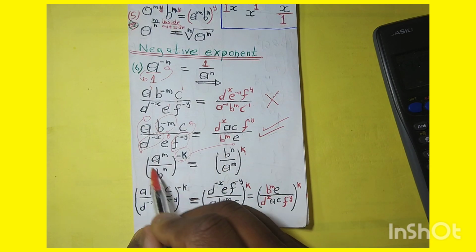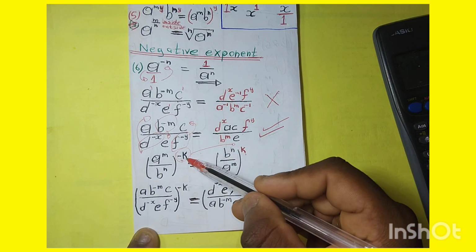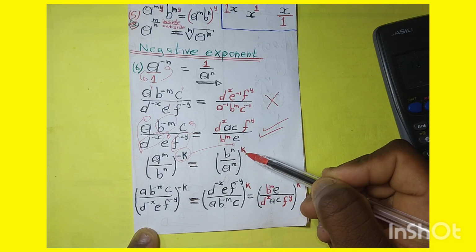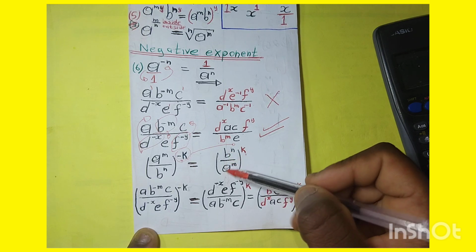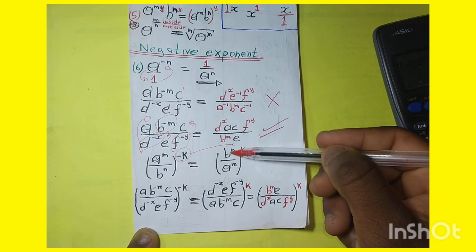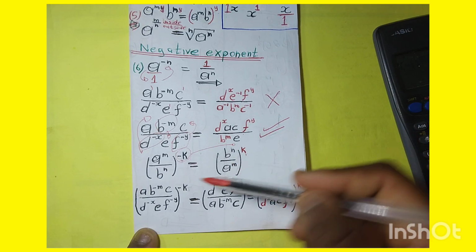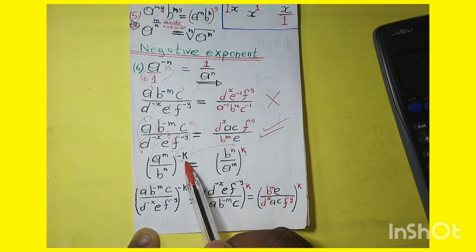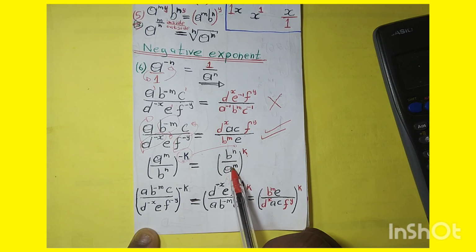That fraction will flip, become like this, and that exponent will become positive, as you can see there. By flipping that fraction, guys, please take note, those exponents won't get involved. They will remain the same the way they are. Only the fraction will flip, that outside exponent will become positive, and the inside exponent will remain the same.